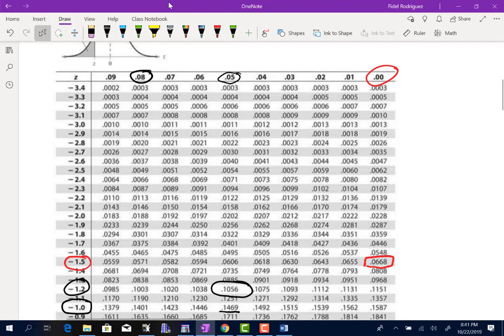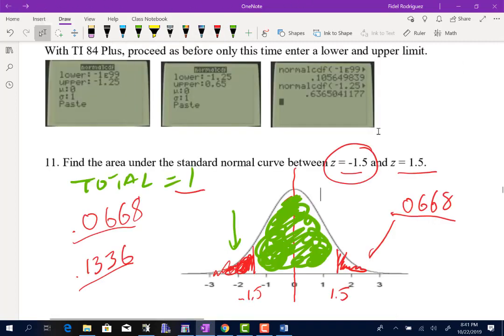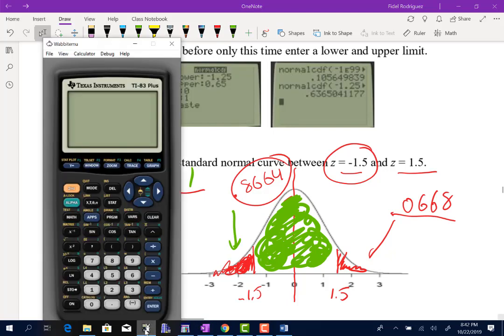And then, guys, if we switch back over, what number did we come up with when we took 1 minus 0.1336? I want to say it's going to be like 0.8664, right? And there you go. And guys, just to give you a heads up, if you use your calculator, you turn it on, and you go second, vars, normal CDF, what two numbers are we going to put in?